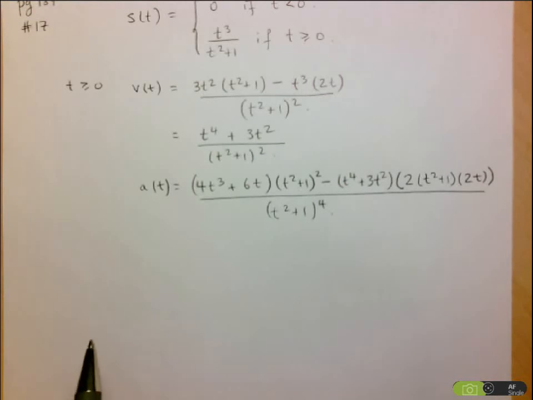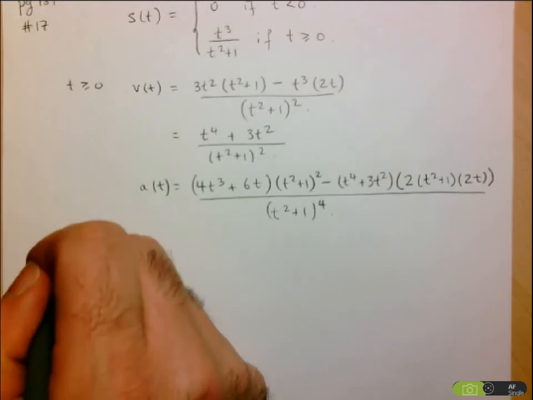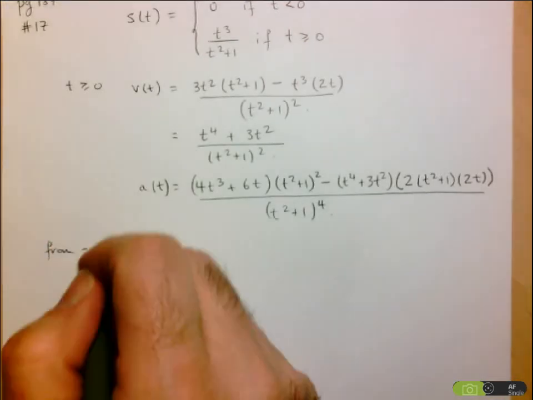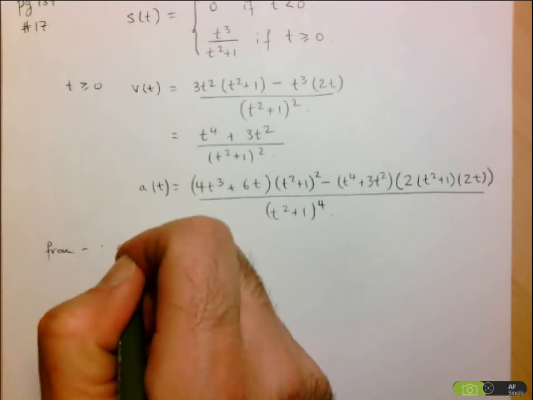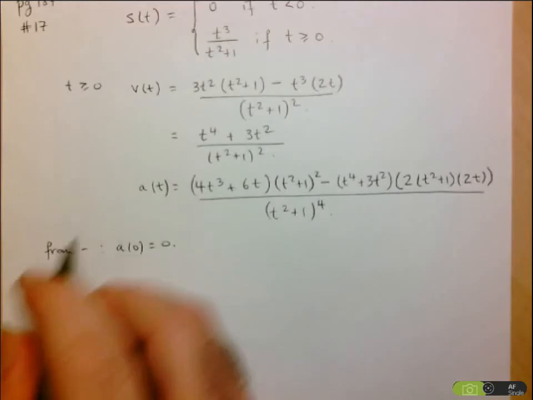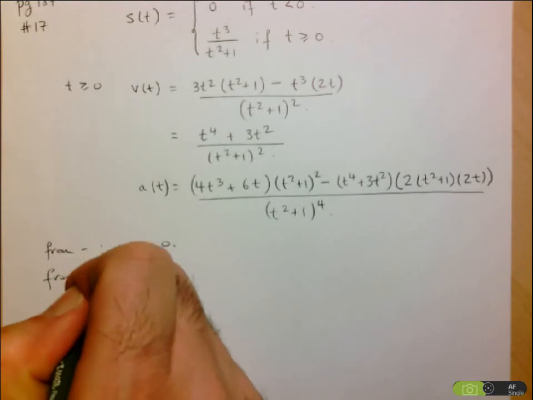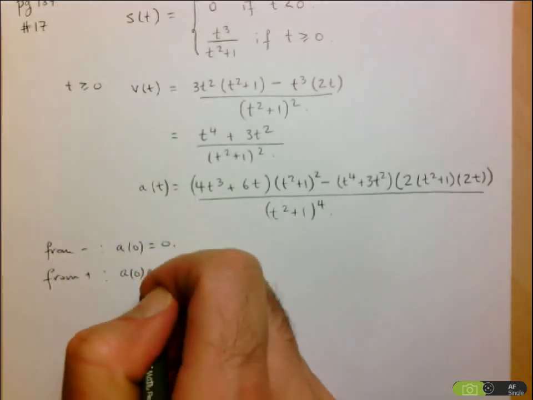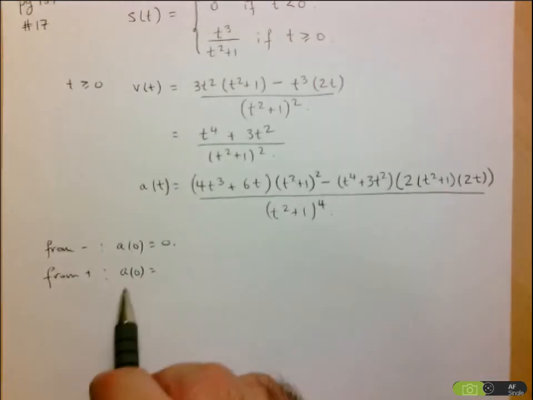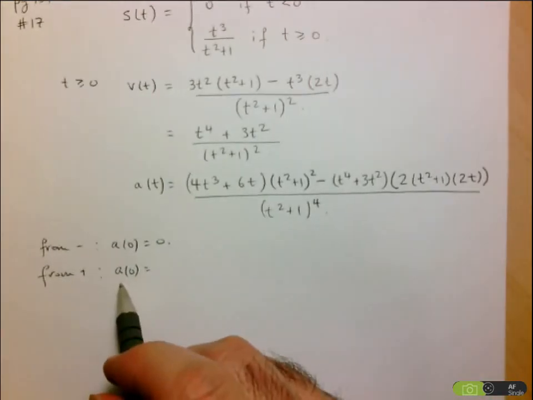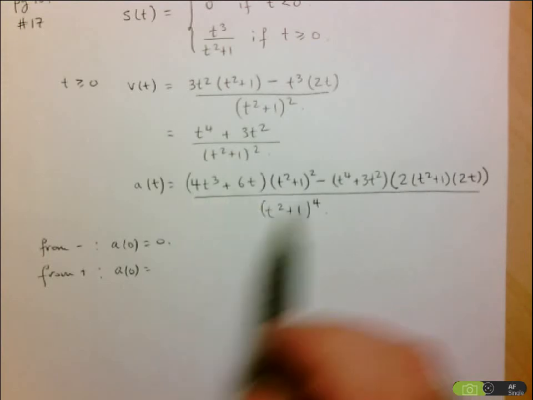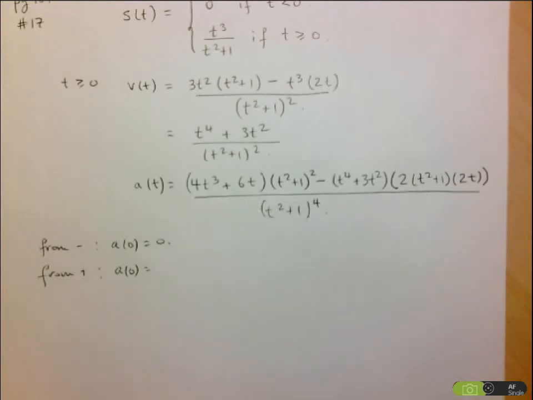Okay, so first thing we want to do is show that the acceleration is continuous. So I know from the left, the acceleration is approaching 0. So from the right, we're just going to test if this is also equal to 0. Since all I have to do is plug in 0, and that's pretty easy, I'm not going to worry about simplifying right now.